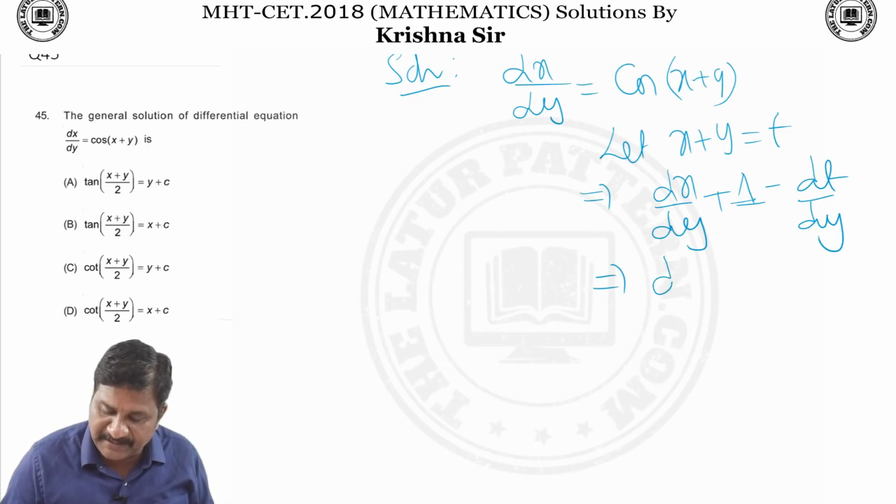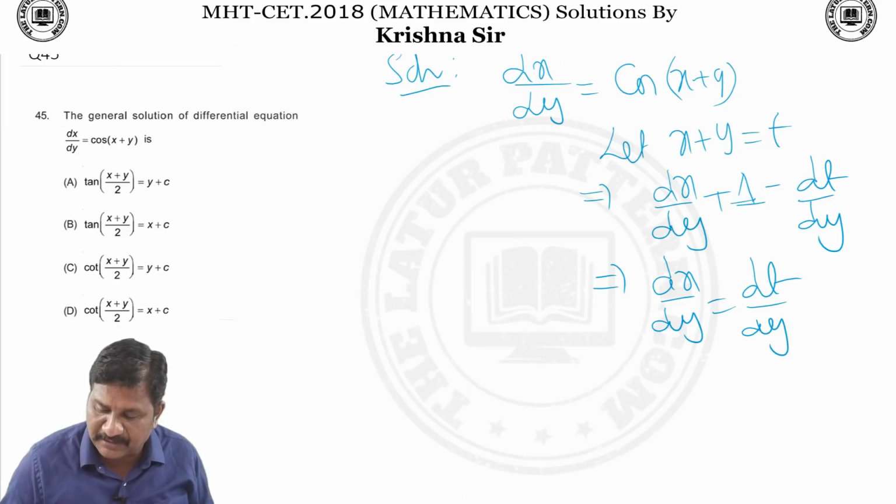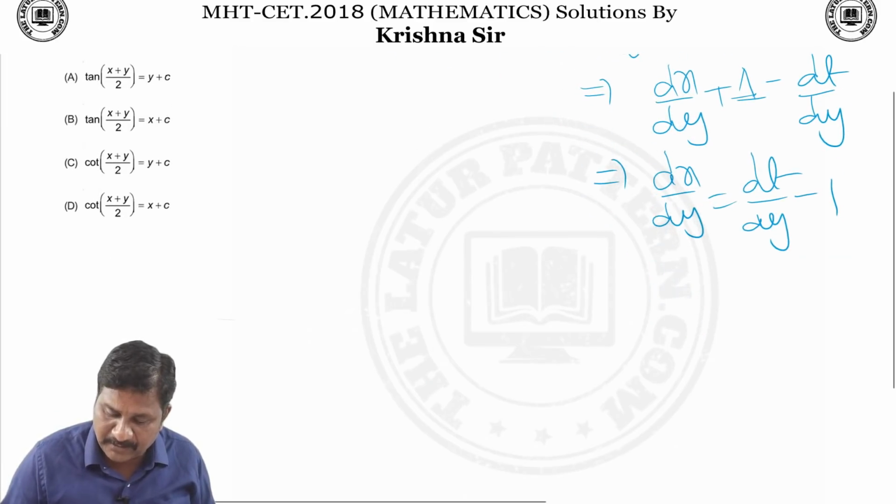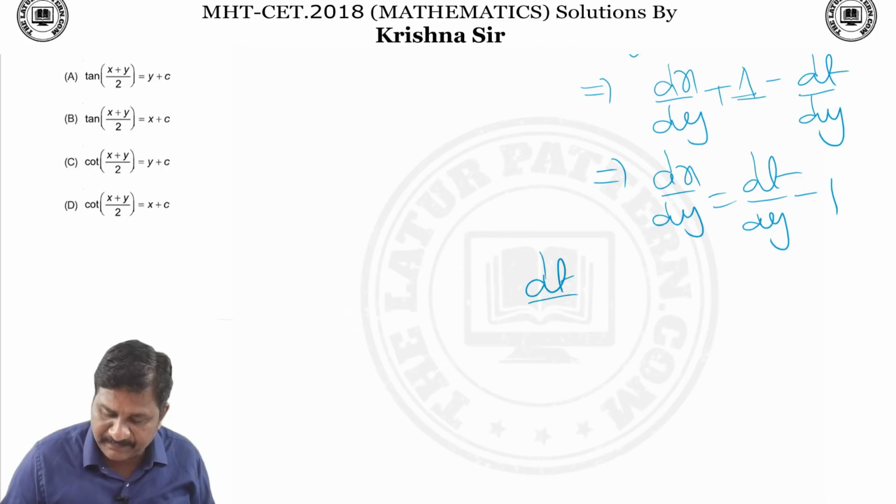So dx by dy is equal to dt by dy minus 1. Now substitute in the given problem. dx by dy is dt by dy minus 1, which is equal to cos of x plus y, can be taken as t.